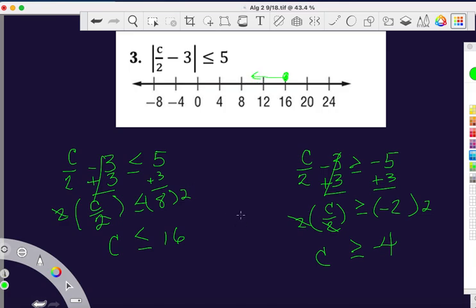Cool. And then I'm gonna say, oh, well, I also have this guy that says C is greater than negative 4, and I'm gonna put a closed circle here, and oh my gosh, look at that, they're pointing toward each other, so I guess I could just shade the middle, and the middle is our solution. Silly, right?